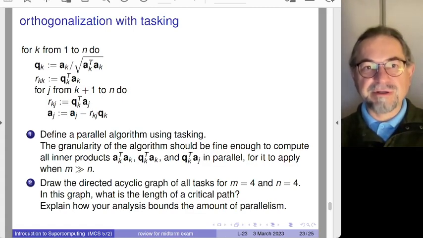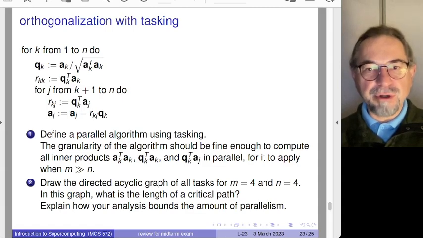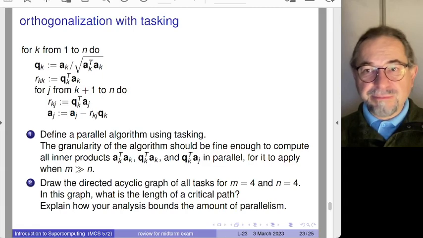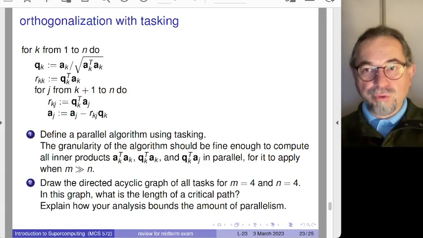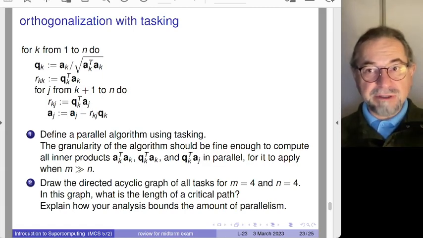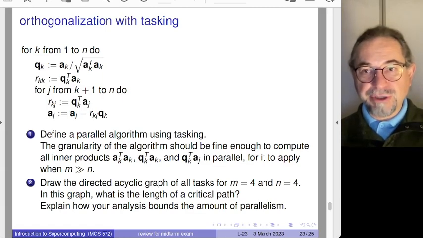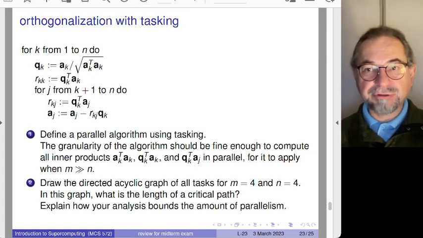But you should consider the computation of the inner products. Now, the computation of an inner product in parallel: for two vectors, you compute all the component-wise products. It's obvious that if you have a vector of length n, this computation can happen in n independently executed instructions.